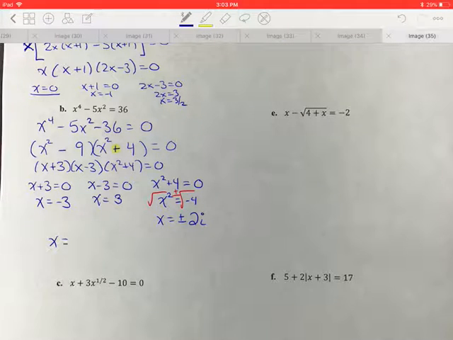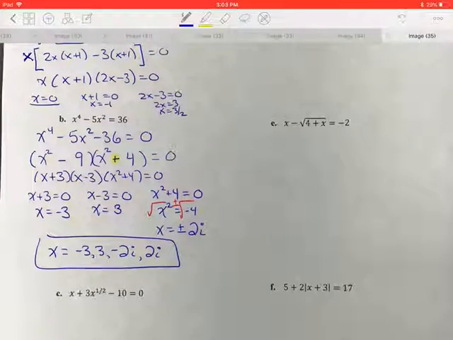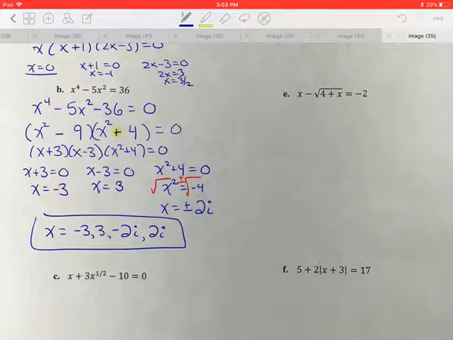So I actually have 4 answers here. I have a -3, a +3, a -2i, and a +2i. So if we go back up to the original problem, oh, there it is. Notice my biggest exponent is a 4, so I know it has at most 4 solutions.